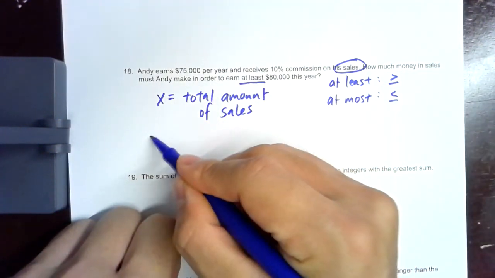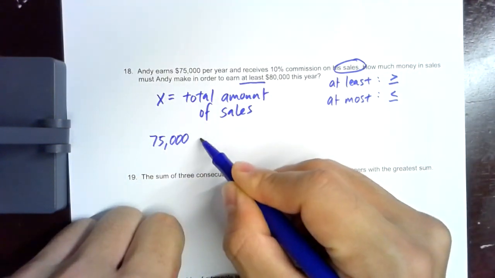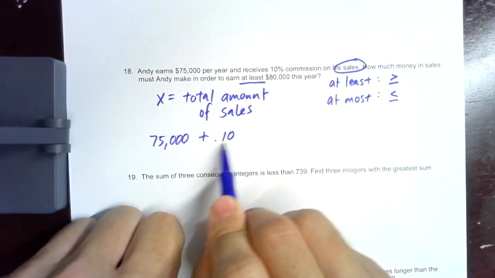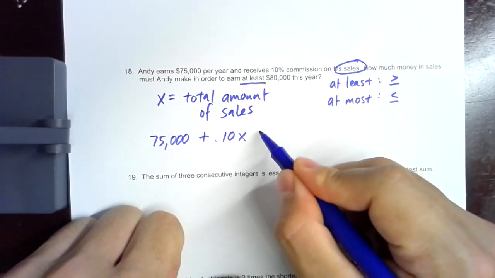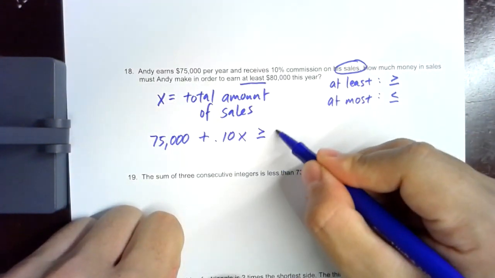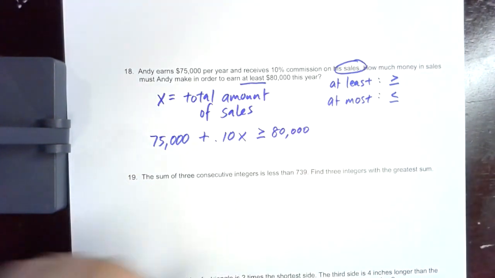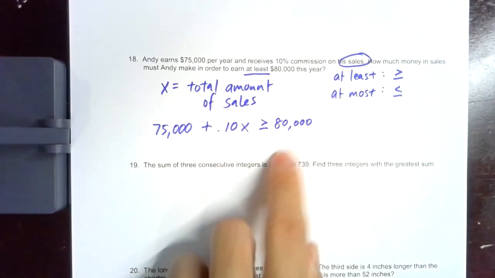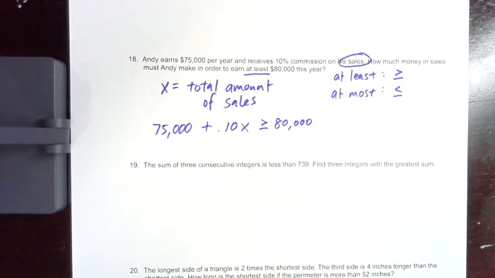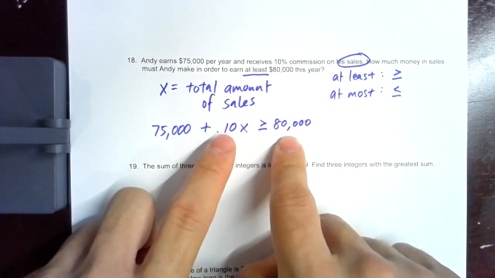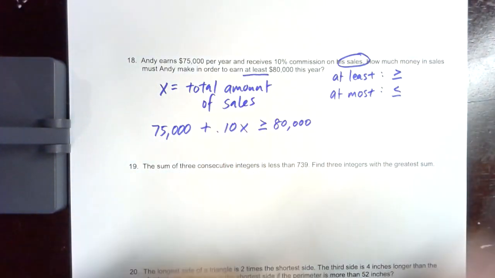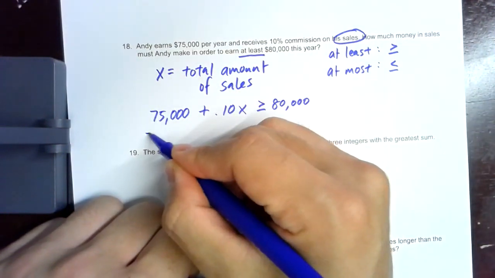So what I would do is, since he already makes 75,000, we then add this 0.10, which is 10% of X, because X is his total amount of sales, and he wants this to be at least 80,000. Right? That's our inequality. So really, when your parents hear this, or adults that are comfortable with this type of calculation, they already know, oh, you make 75,000, you just are trying to make 5,000 in commission then, basically. It's a fancy way of saying how to make $5,000 in commission, right?